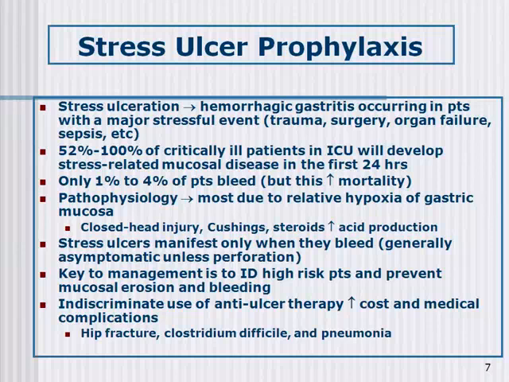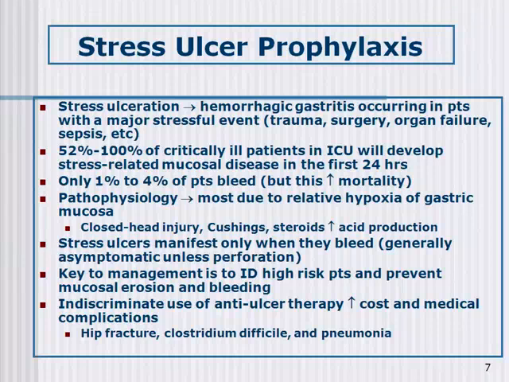Having said that, there are a couple of circumstances in which we know that there is an increase in acid production and that it's a local erosion effect. This includes patients with closed head injury, patients who have Cushing's disease, adrenal hyperactivity, patients that are receiving steroids. And in those few settings, it is an increase in acid production that's thought to be responsible.